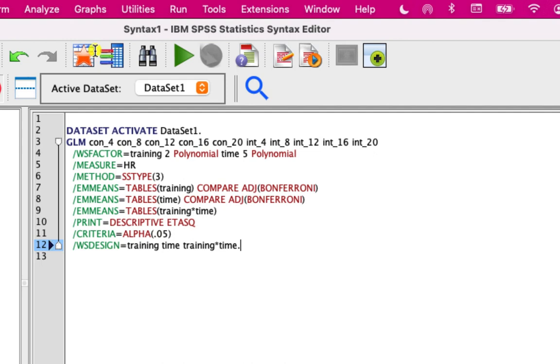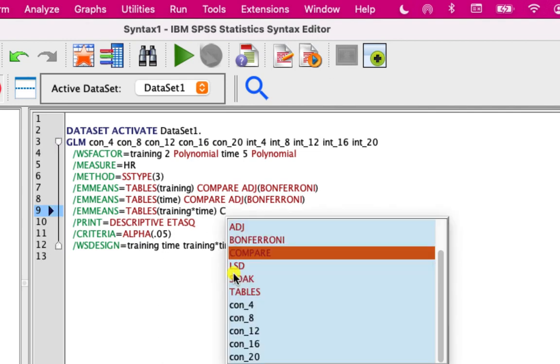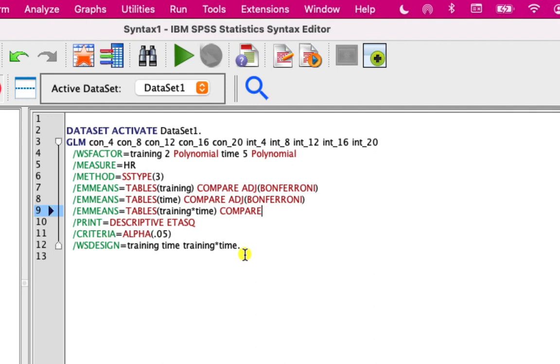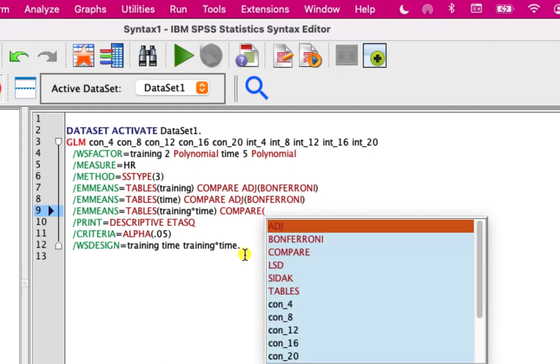Okay, so in our output, or syntax window, we can see that our pairwise comparisons are set up for each of the main effects of our independent variables. And then we have it started for our interaction effect. So I'm going to start typing compare, and I'll put a parenthesis.